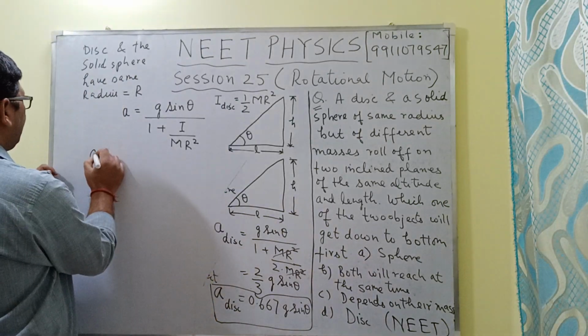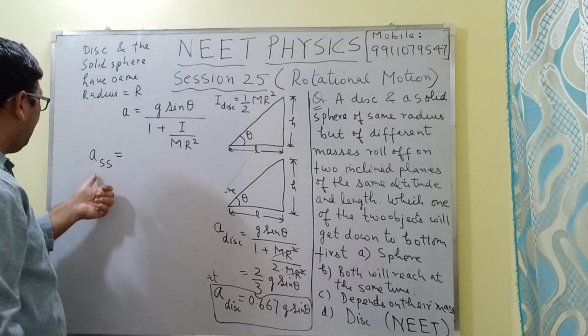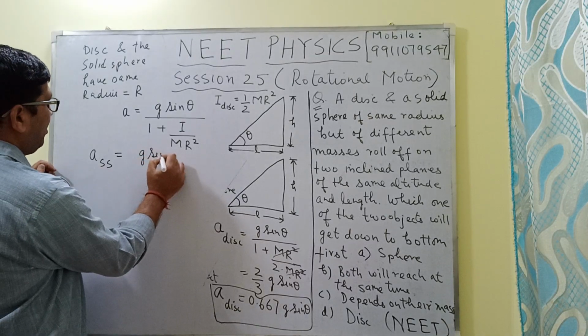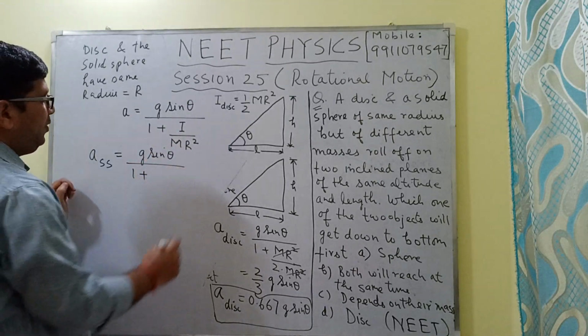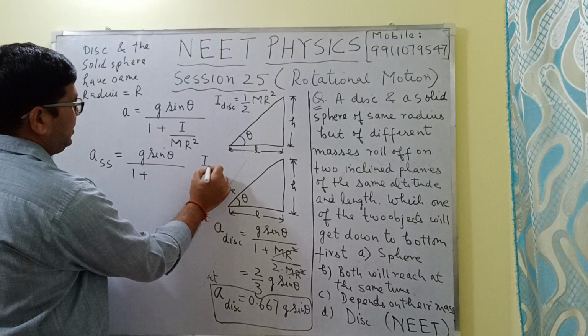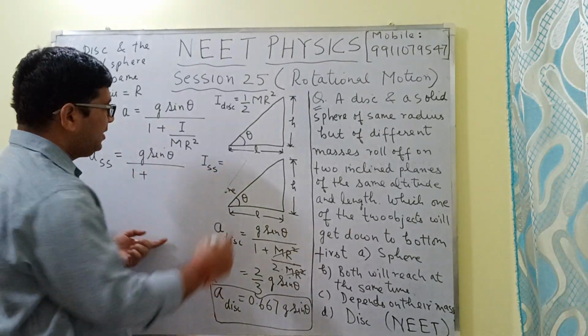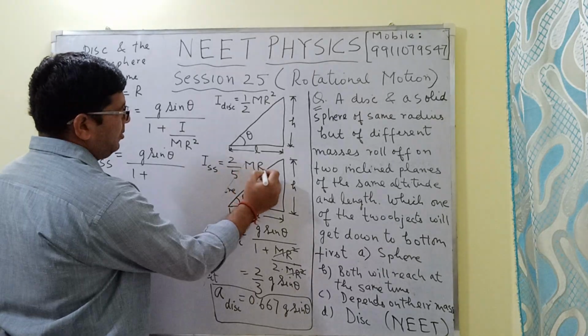Here the acceleration of the solid sphere, I am denoting it by ASS, will be equal to g sin theta divided by 1 plus I. Now the moment of inertia of the solid sphere, which I am denoting as ISS, is equal to 2 by 5 mr square.